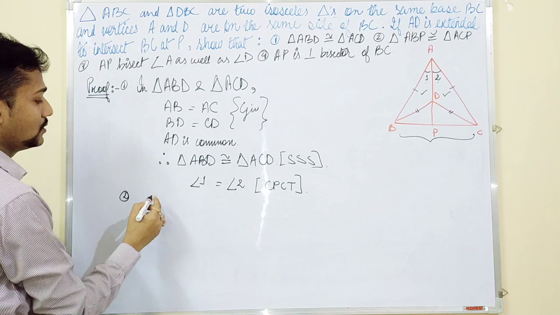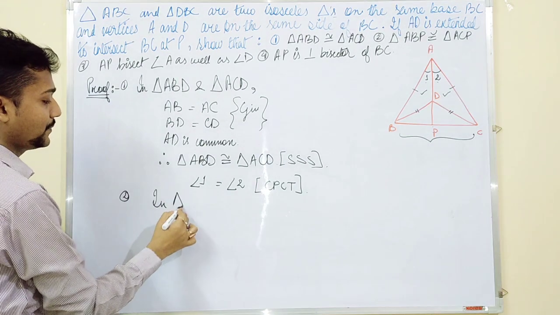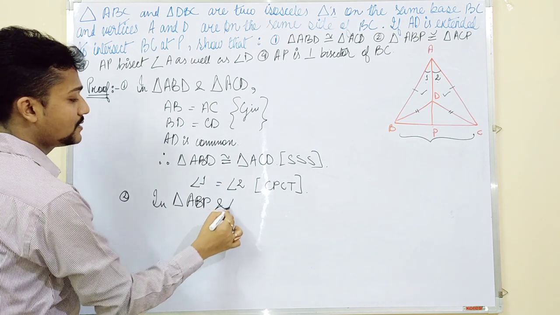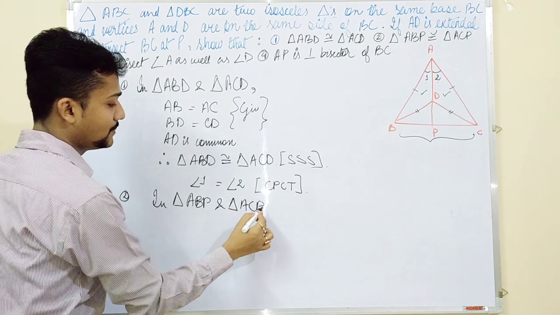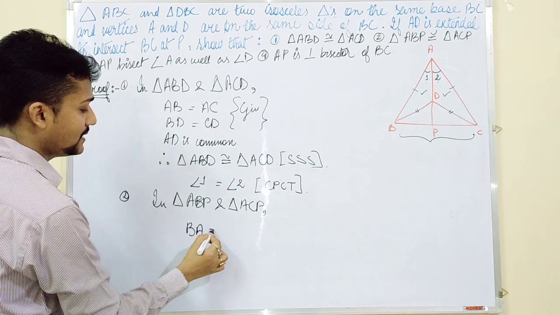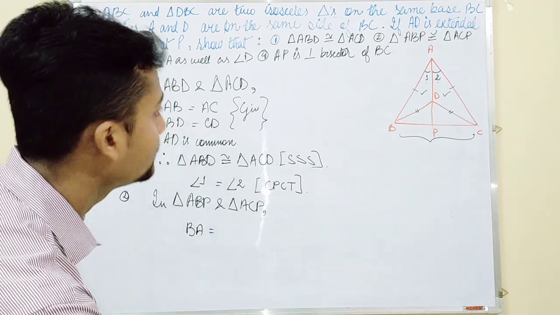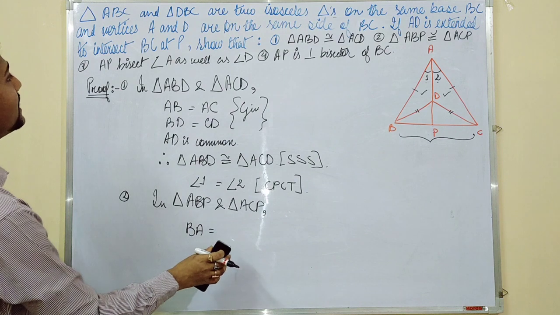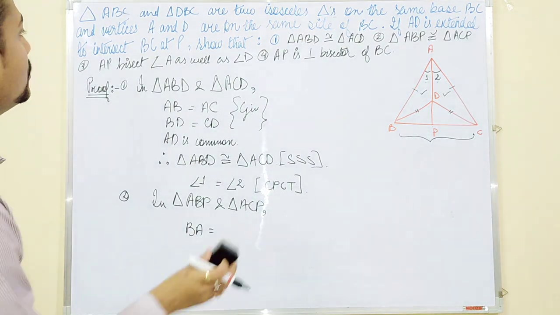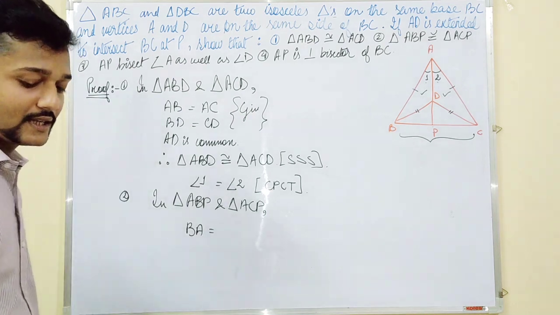Okay. So in triangle ABP and triangle ACP, BA is equal to, or you can write AB. I believe it is mentioned AB in the question. No, it is not mentioned, so you can take anything.